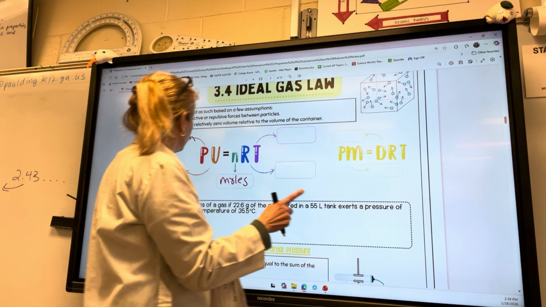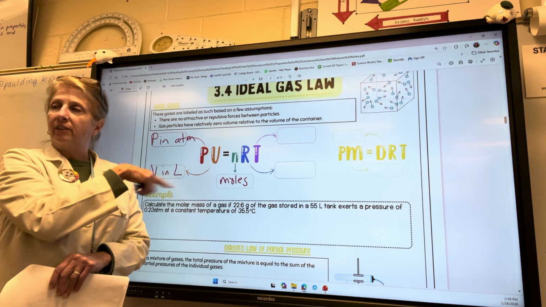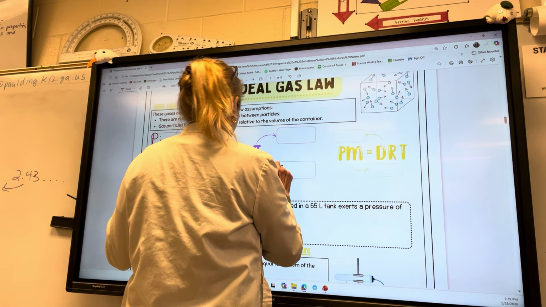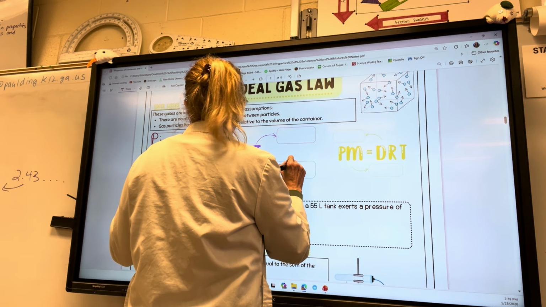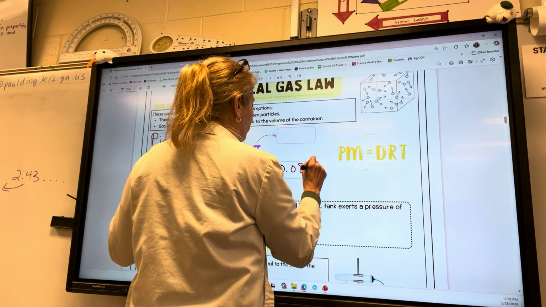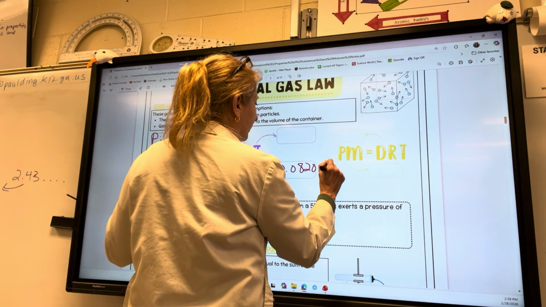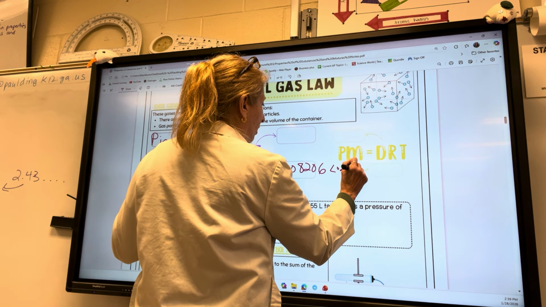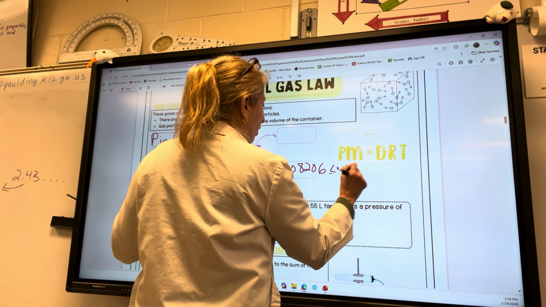and because we only have one accepted thing, do you remember how there were a bunch of different values for R? There's only one, because they'll be on the AP test, and it's this one, 0.08206, and that is in liters times atmospheres over moles times Kelvin, okay?